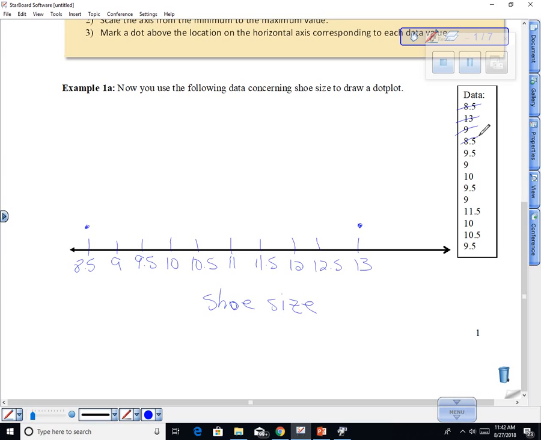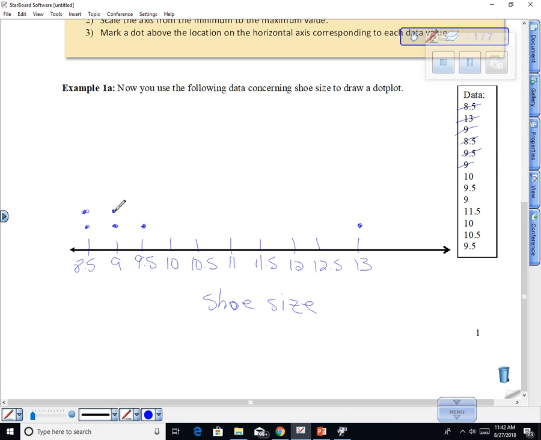So I'm going to do 9. But for 8.5, I already have an 8.5, so I'm going to do a dot above that one. And then I have 9.5 and 9, so 9.5. And then 9 would have to line up with that second row, because I already had a dot for 9.